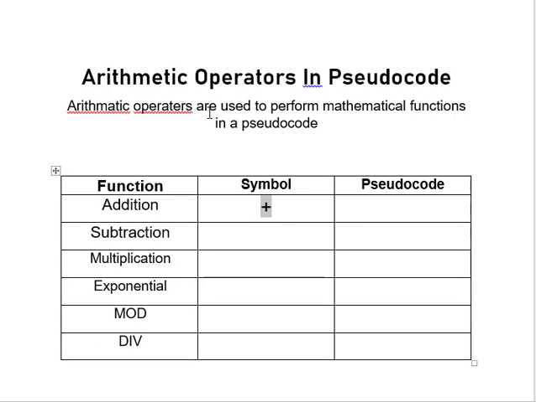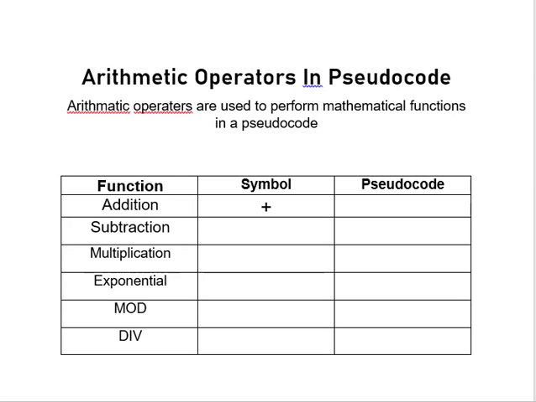When we write it down in pseudocode specifically, for example, if we are going to add two numbers, then we are going to write num, as we are assigning a new value. So we are going to write it like this: num is equals to 1 plus 2. This is how we are going to write it in pseudocode.